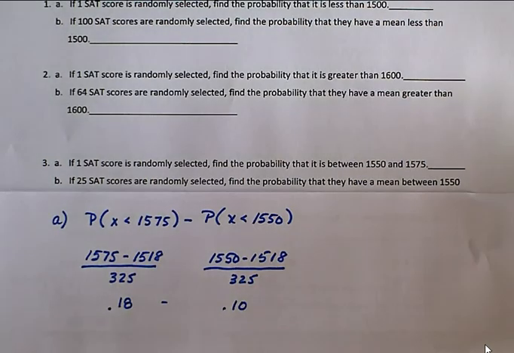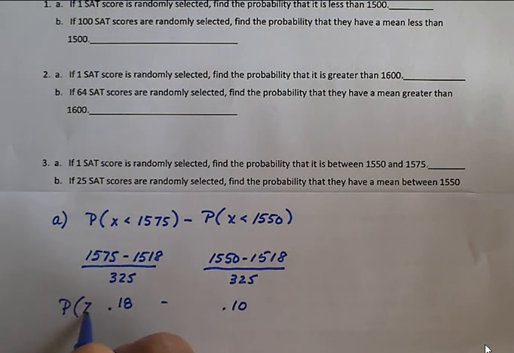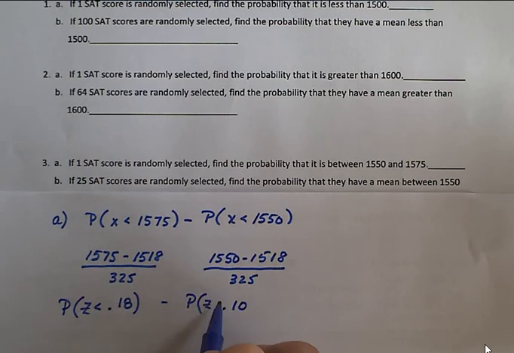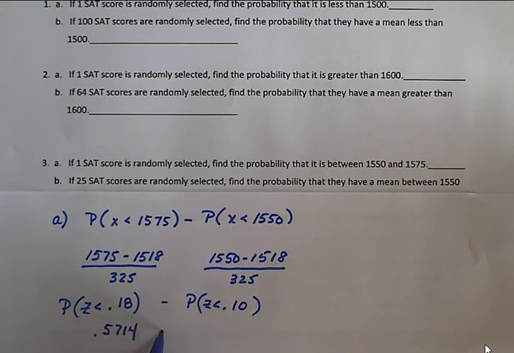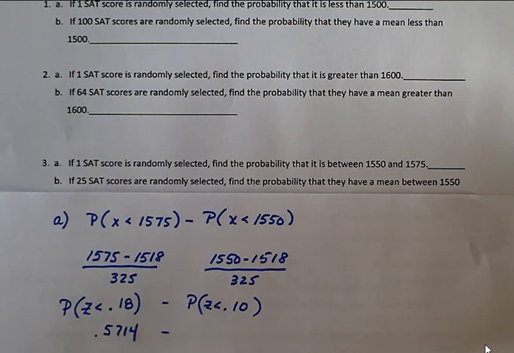Okay, so again, those are z-scores. So the probability that z is less than this minus the probability that z is less than this. I can now go to my table and start looking up values. 0.18 is 5714. 0.10, 5398.